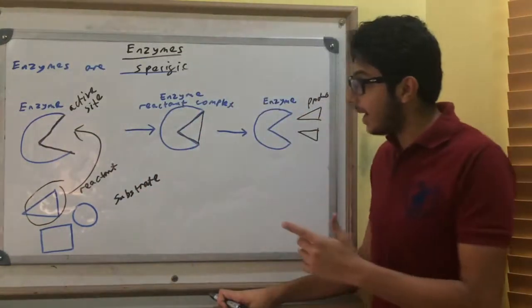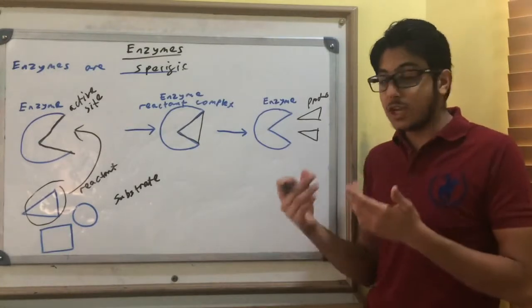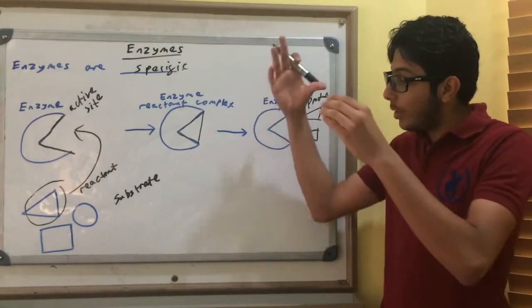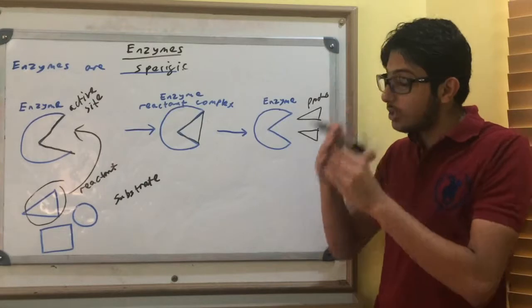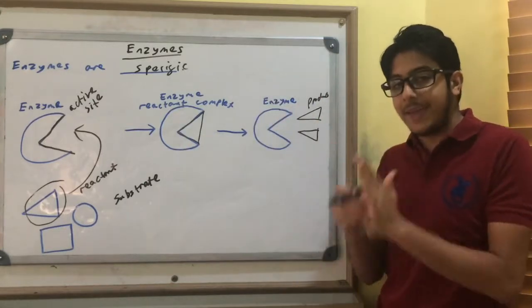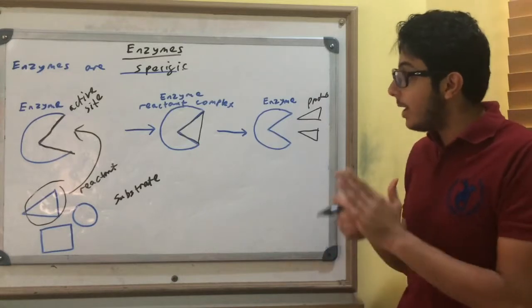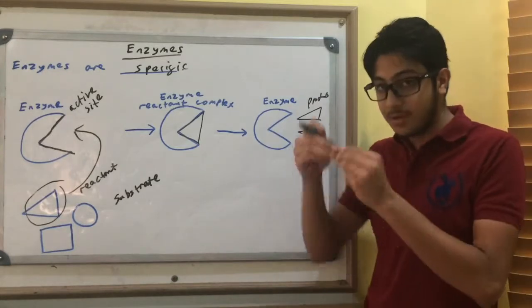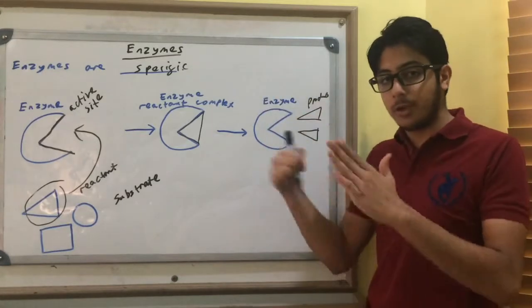And the active site is obviously going to be a specific shape, because that's where the substrate will fit onto it. If the shape of the active site is different, the substrate cannot fit onto the enzyme. And so the active site has to be a specific shape to match the substrate.